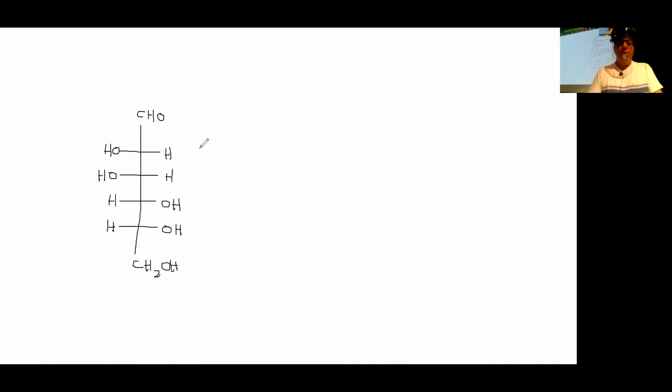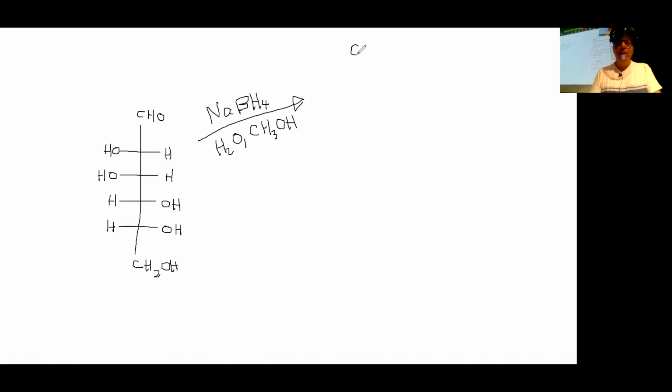Good, so you'll recall that you can treat a simple sugar like this, which I'm putting in the straight chain form because it's easiest to see that way, with sodium borohydride, a reagent we learned in chapter 9. Usually the solvent here is an aqueous alcohol mixture, aqueous ethanol or aqueous methanol. Either way is fine. That's just the solvent, and it's not going to react to form our product.